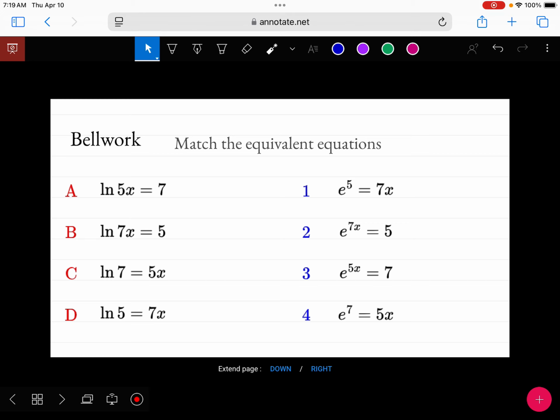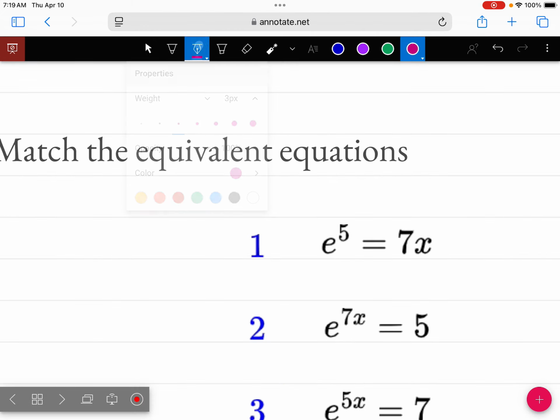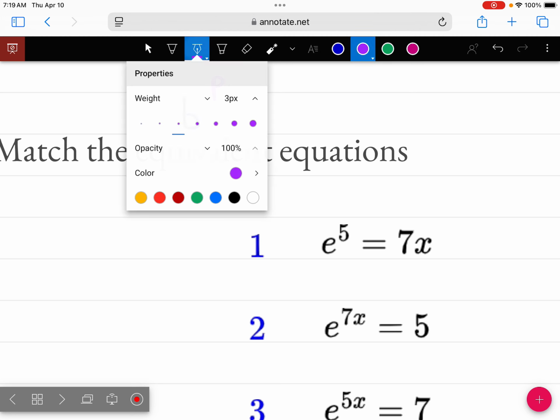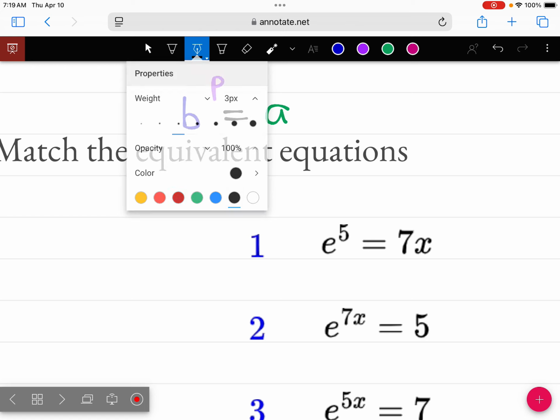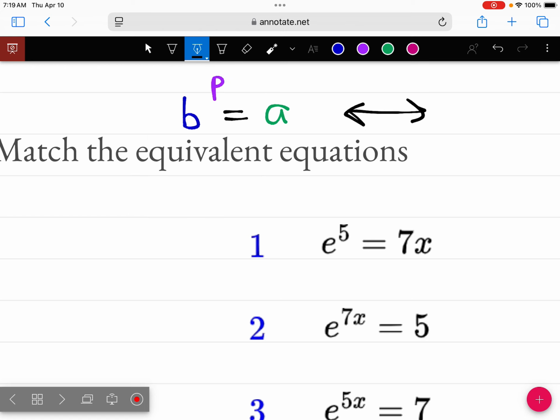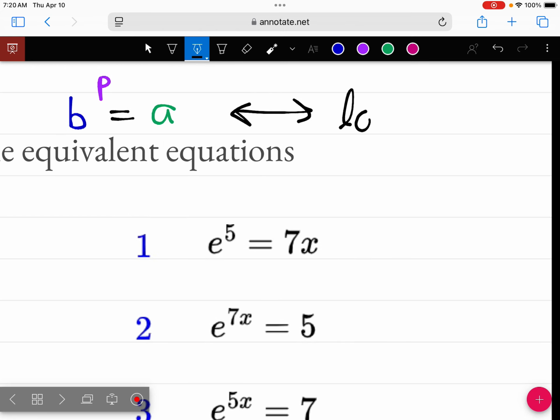This is very much based on that B to the P equals A, log base B of A equals P stuff. B^P = A is equivalent to log base B of A = P. This kind of stuff.